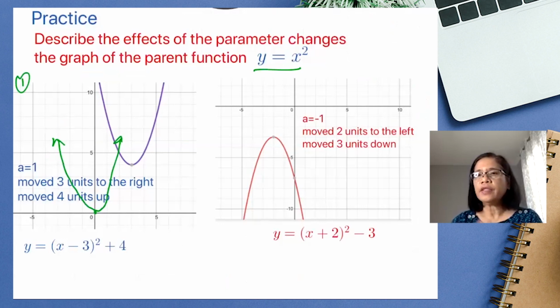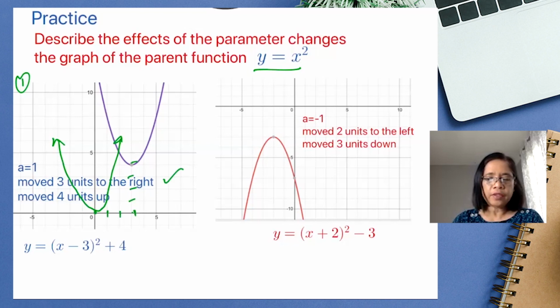How many points did we move to the right? 1, 2, 3. So this is a horizontal shift to the right. And from here, we moved 1, 2, 3, 4. So it's 4 units up. 3 units to the right, 4 units up.